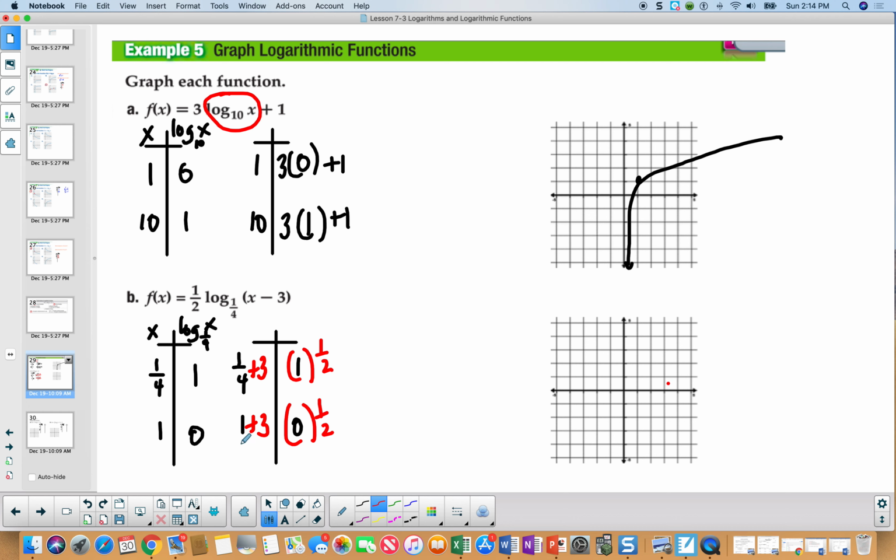And then this one is 4. 1, 2, 3, 4. And then this is going to be 0. Now remember that normally the asymptote was the y-axis, and it has moved over 3 units. 1, 2, 3. So this is what the graph is going to look like.